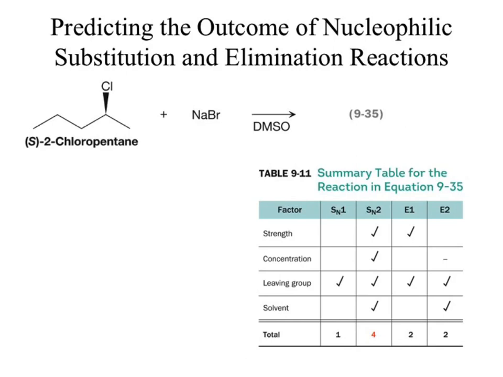I would argue there's a bunch of stuff on there that doesn't make any sense. For instance, strength. Strength of what? Wow, that's a good question. They're referencing the strength of the nucleophile. Okay? Concentration.